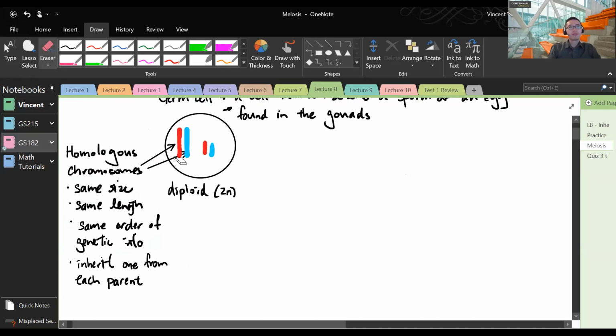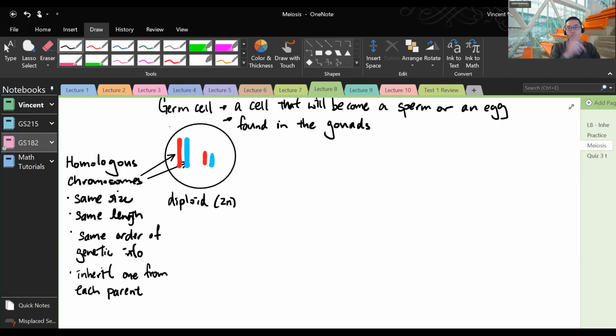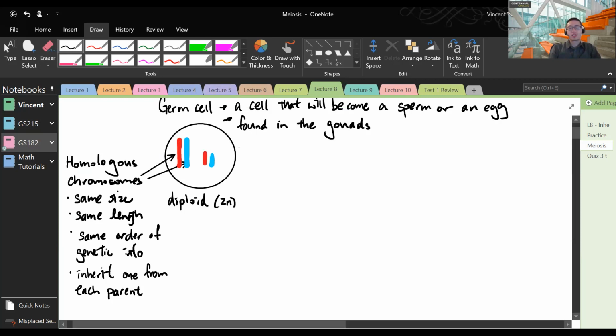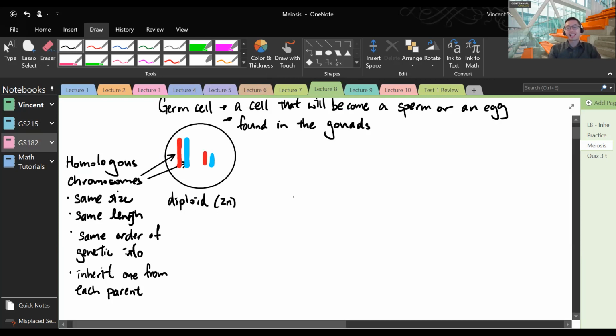So 1 from mom, 1 from dad. So we would have a total of 22 pairs of homologous chromosomes: chromosome 1, chromosome 2, all the way to chromosome 22. If you are female, then your sex chromosomes are also homologous because it's XX, right? But for male, it's X and Y. So the sex chromosomes would not be considered homologous in male.